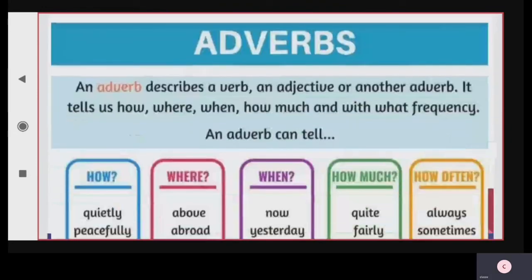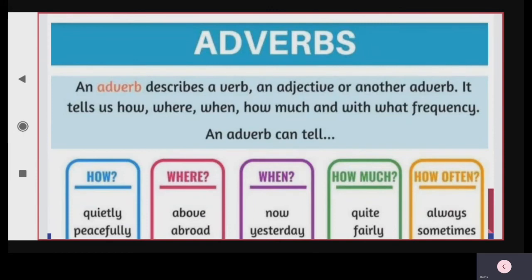Next, adverbs. An adverb describes a verb, an adjective, or another adverb. It tells us how, where, when, how much, and with what frequency the action is done. An adverb can tell how something is done, where it is done, when it is done, how much and how often the action is done.